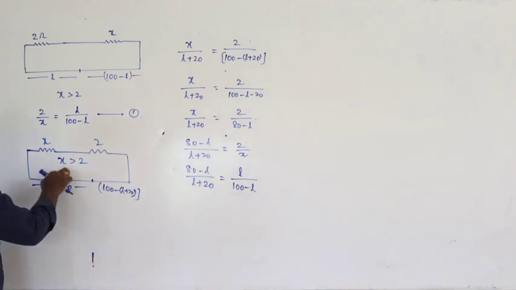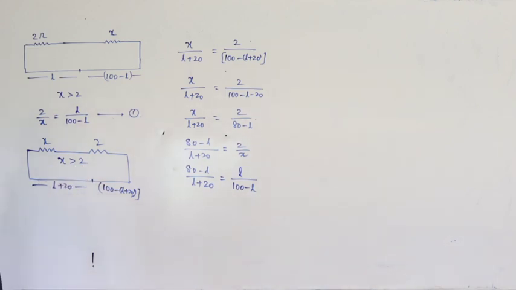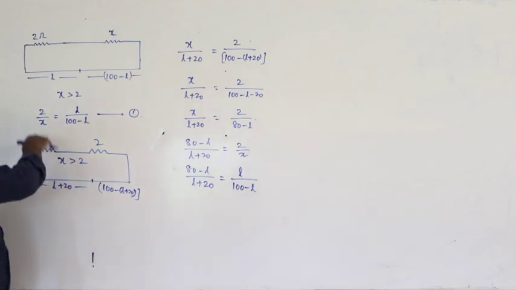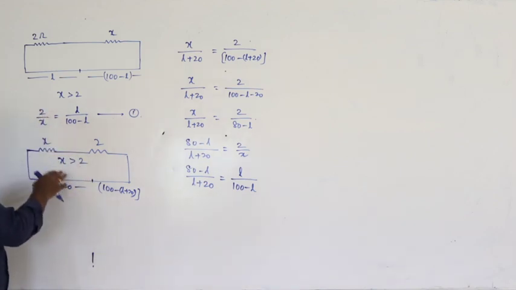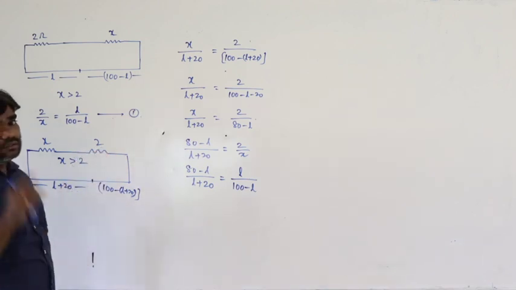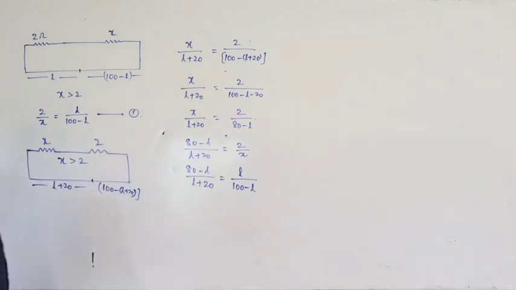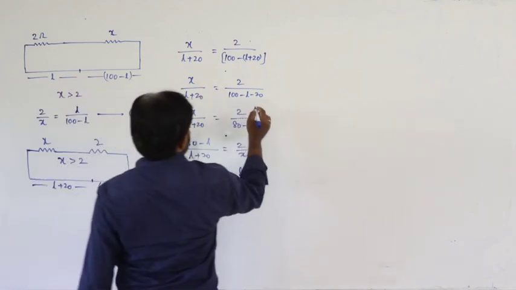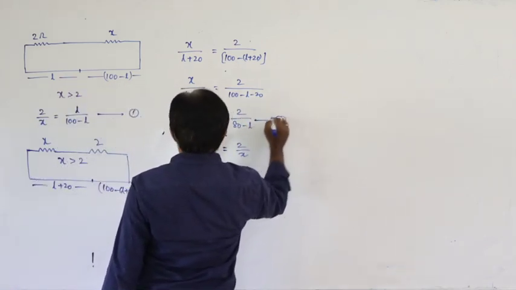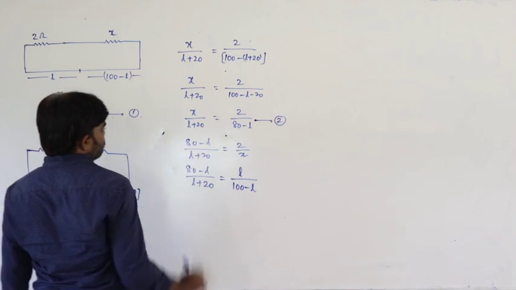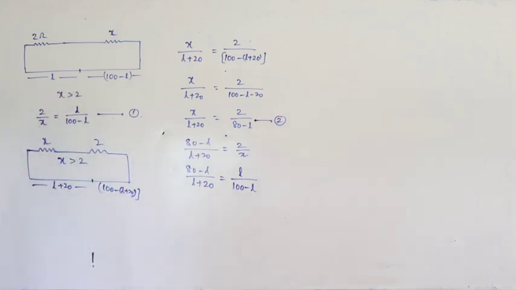Given that x is greater than 2, the resistance in the left gap increases. So the balancing length shifts towards right. That is the concept, and based on that we calculated. So this is the second equation, and this is the first equation. We can calculate the value of x like that.